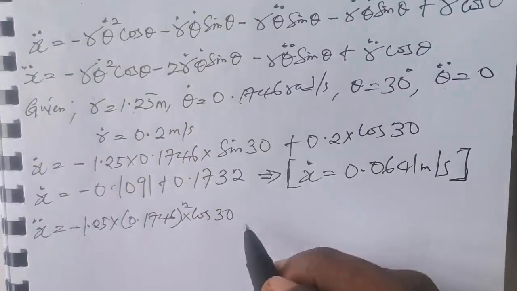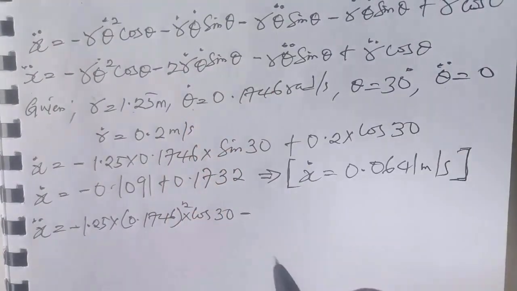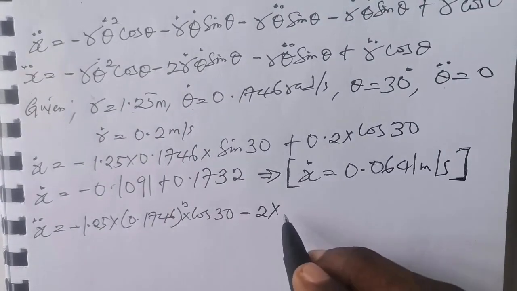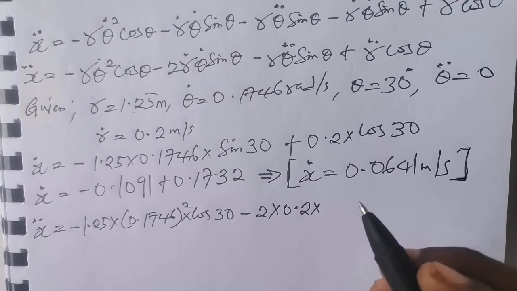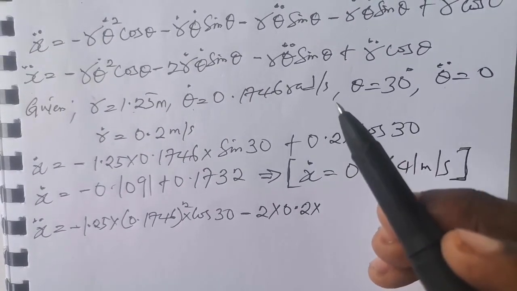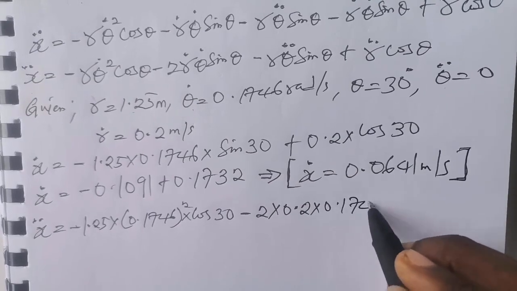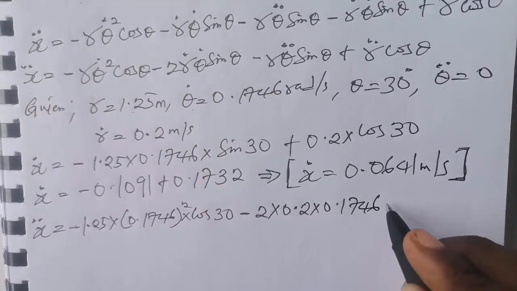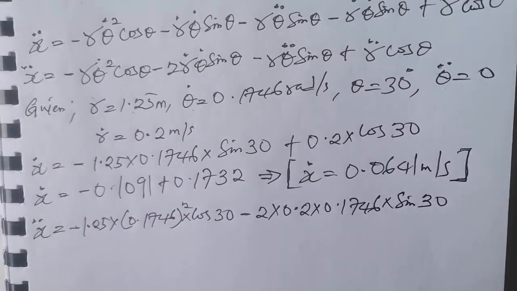All right, minus you have 2 r dot theta dot sine theta, so this is 2 times r dot, which gave us 0.2, so 2 times 0.2 multiplied by theta dot, and theta dot gave us 0.1746, multiplied by sine theta, theta is 30, so multiplied by sine 30.